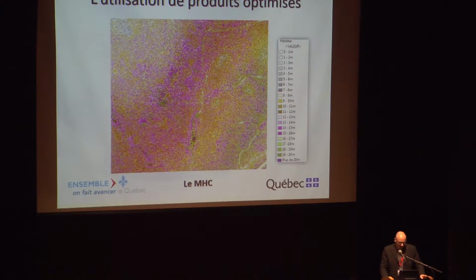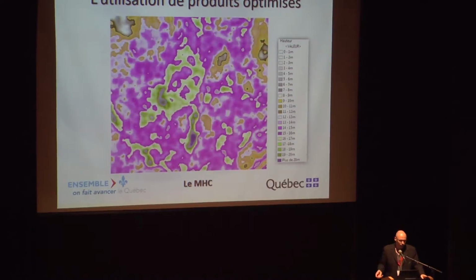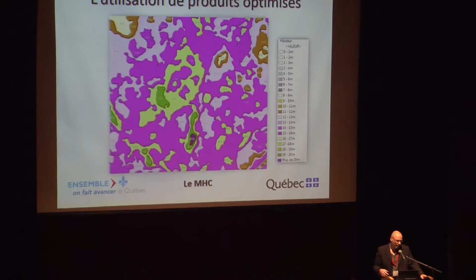If we come back to the MHC, we have many sub-products to create digital models, the height of the canopy, vectorial zones. So we regroup different information, different layers, different classes within the limits for different needs for our planification.